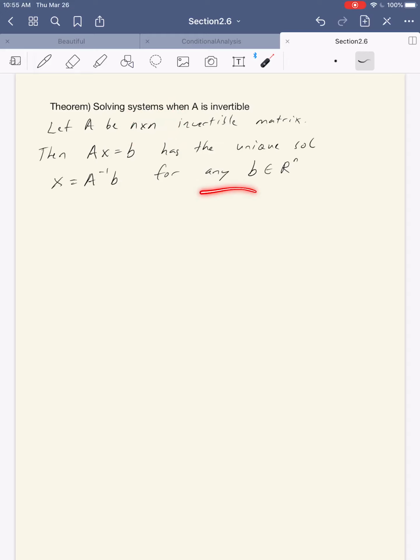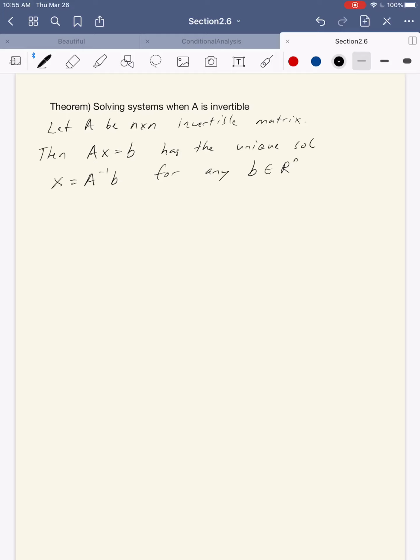But we could just say for any B with implication there. So this is basically saying that if you do have an invertible matrix, then the system of equations AX equals B, regardless of what that B is, will always have a unique solution, so only a single solution, X equals A inverse B.